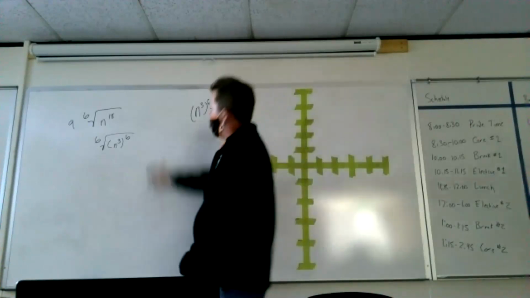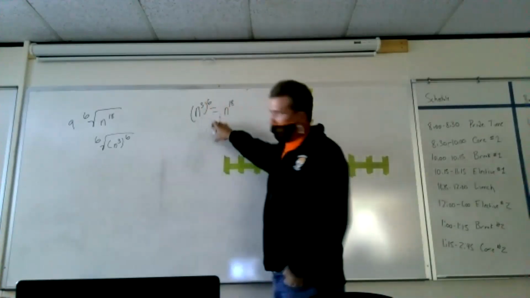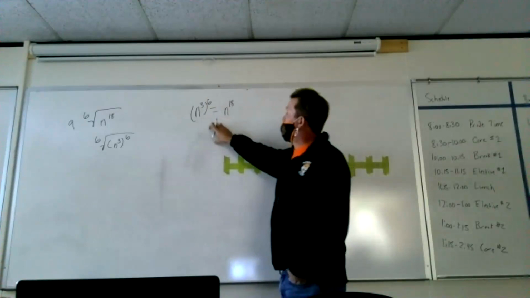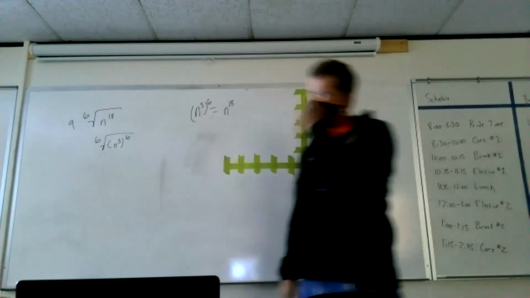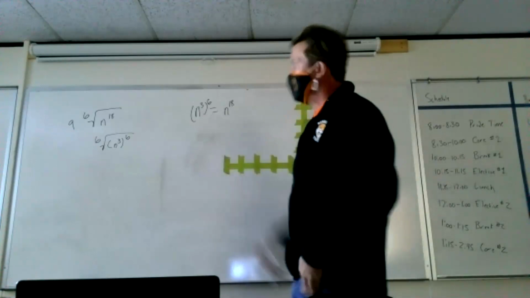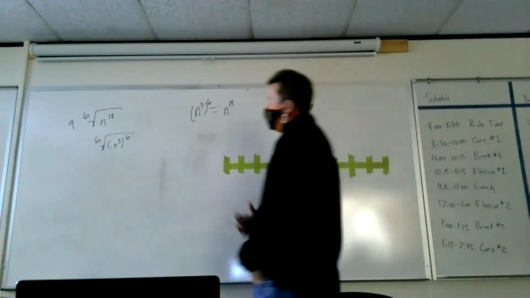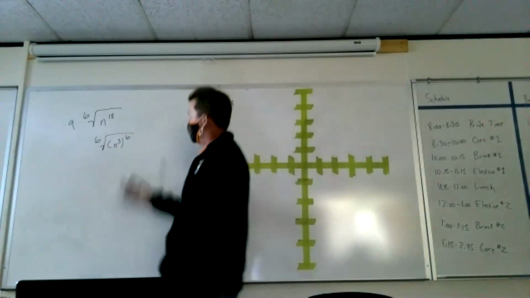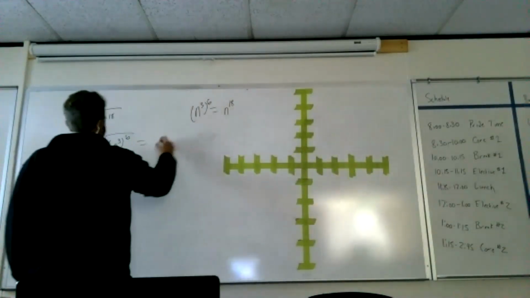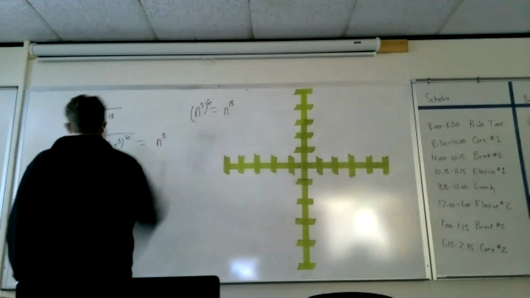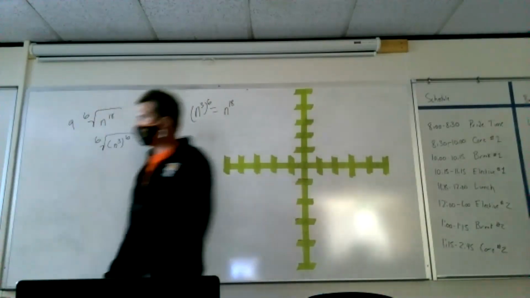Since I was strategic and used the substitution property of equality and my power of a power property, knowing that I can resubstitute back in, this turns into a very easy problem. What's the 6th root of n cubed to the 6th power? Well, that's just n to the 3rd. Okay?